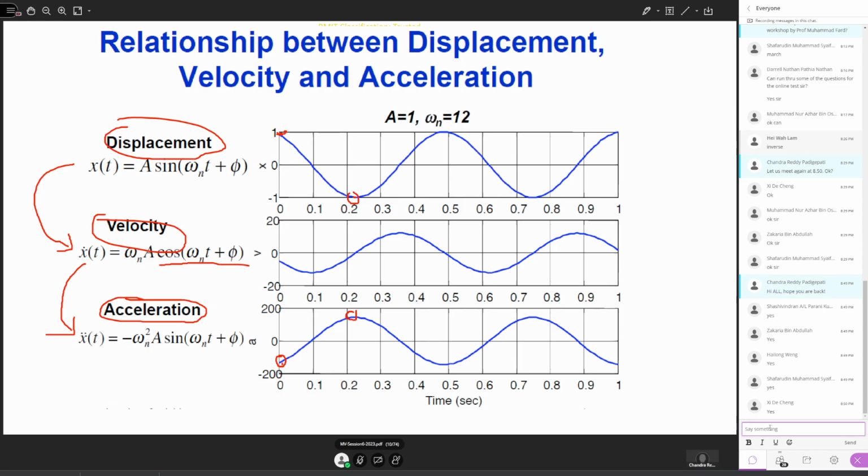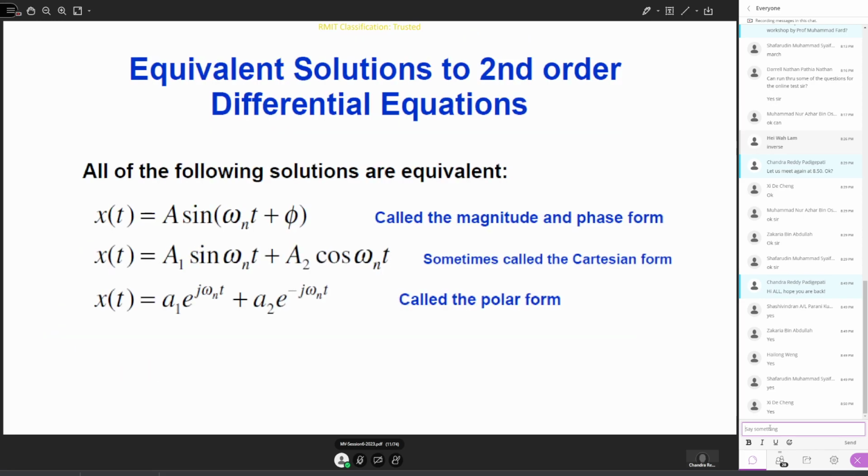Okay, so that is the relationship between displacement and acceleration. So you can simply write this as negative omega square into x. All right, so I just leave this.